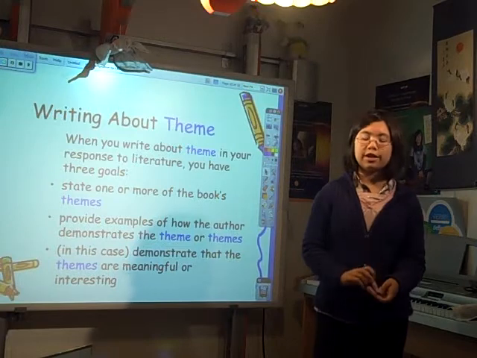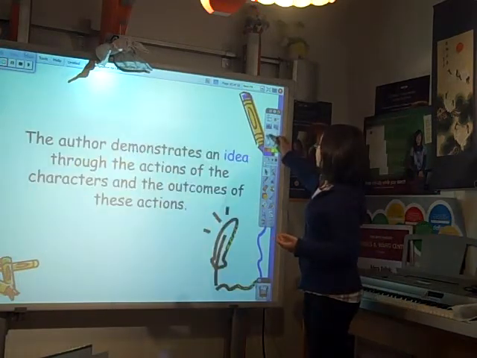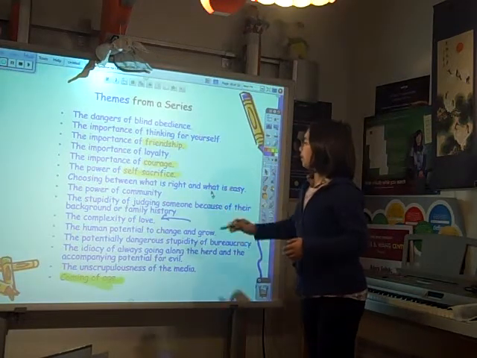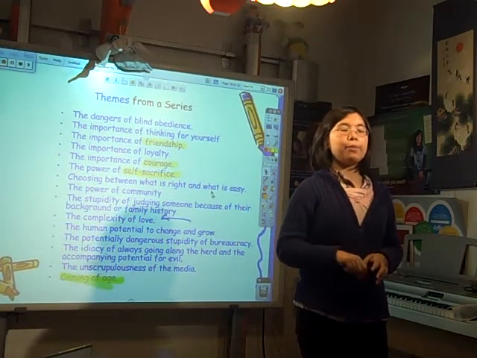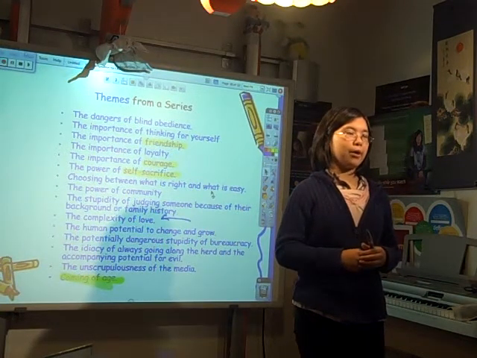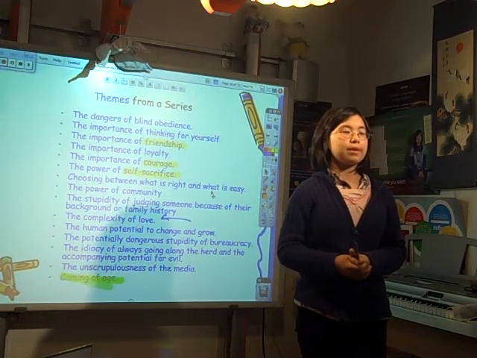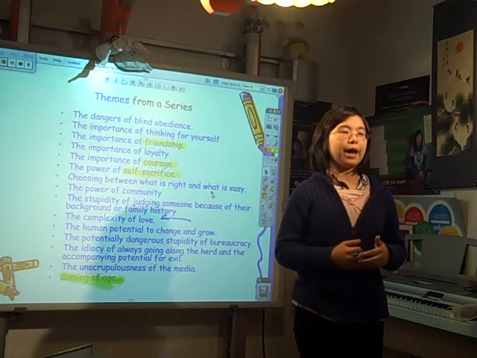Okay, very good. Now, what you mentioned actually, if you remember, back at the list of themes, one of them here was choosing between what is right and what is easy, and that would be a great example, talking about how her family hid a Jew in their basement, which would obviously be a very dangerous decision because they could be punished for that very harshly.